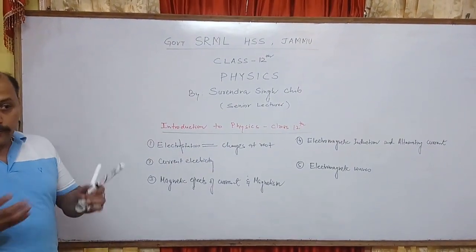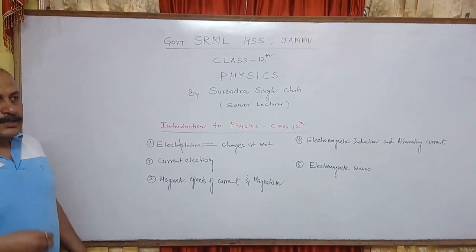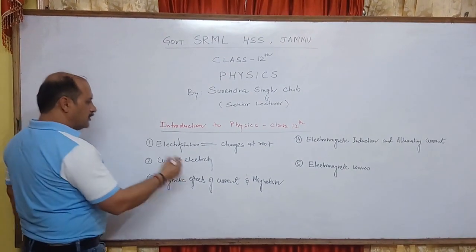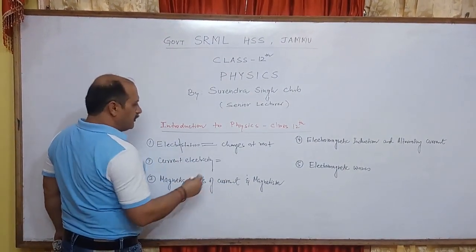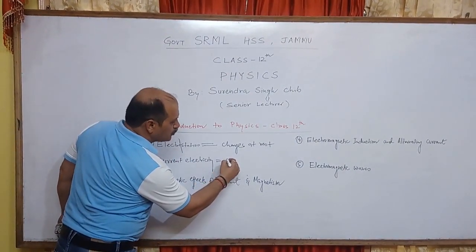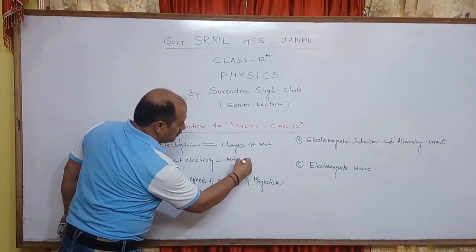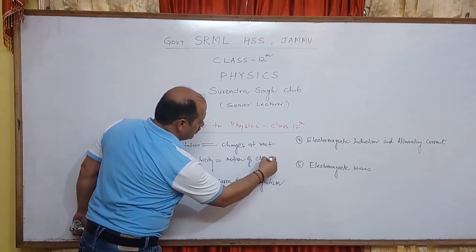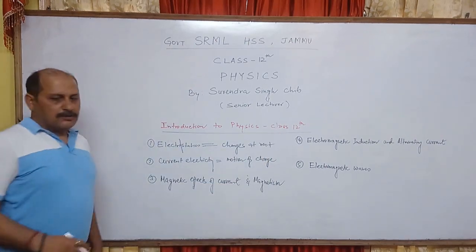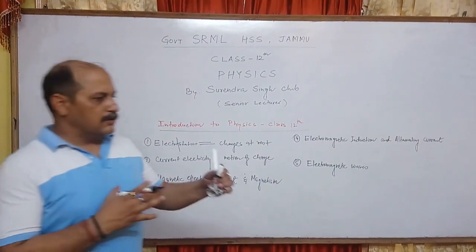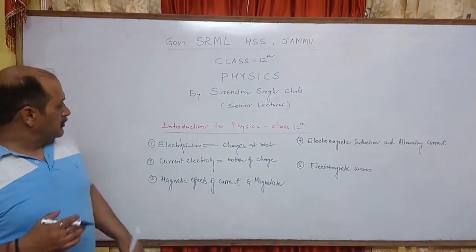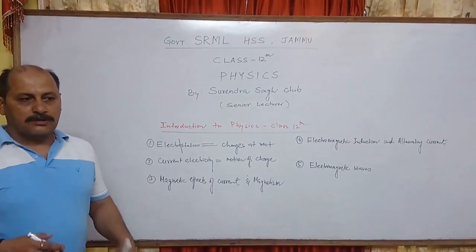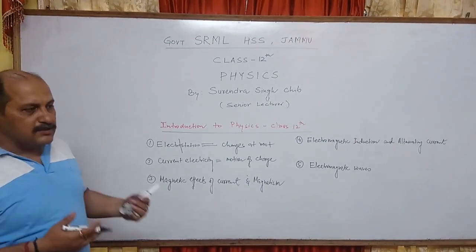When the charge starts moving, they produce electric current. In current electricity, we mainly study motion of charge.